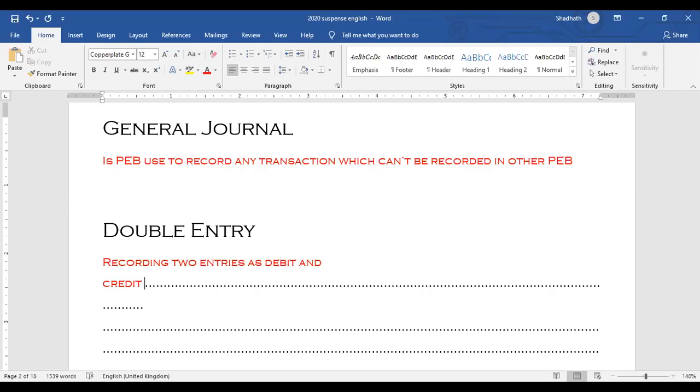Simple matter. So note it down, everyone.